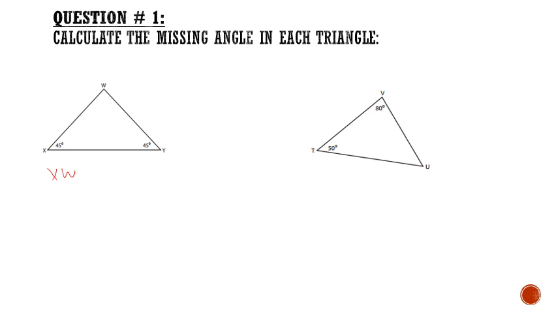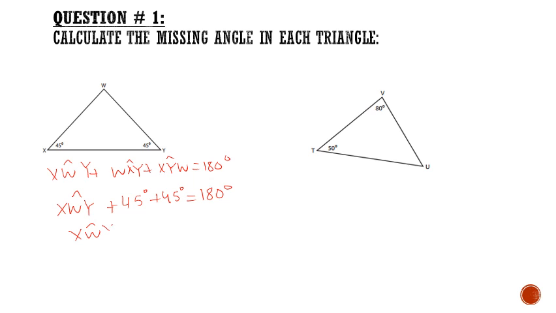I say that XWY plus WXY plus XYW equals 180. XWY is the angle I need to find. WXY is 45, plus 45, equals 180. Okay, then XWY equals 180 minus 90, which is 90.